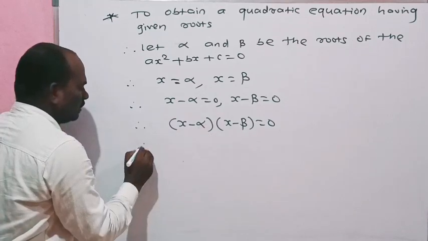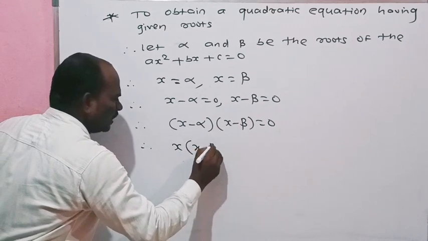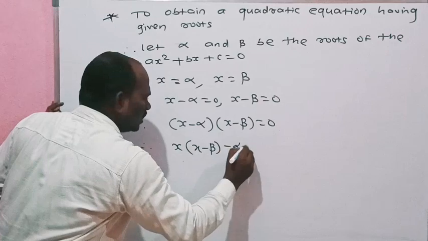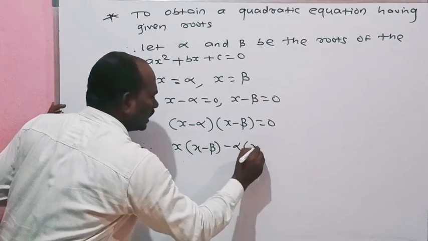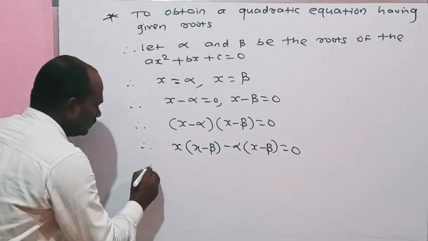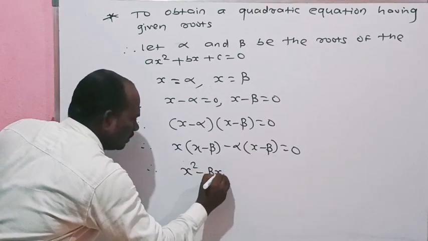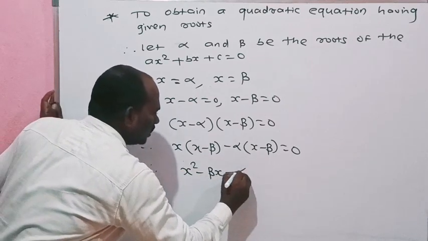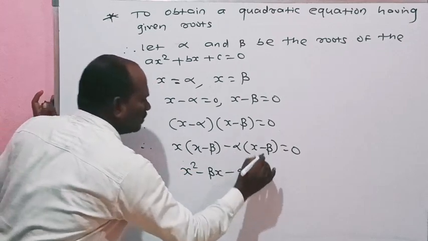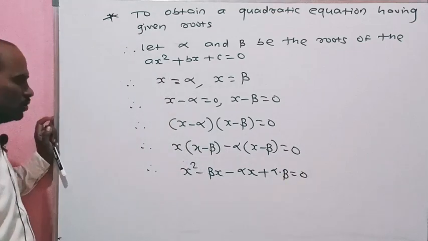Now we can solve this bracket. x into the second bracket, x minus beta, that is minus alpha. Now the second bracket, x minus beta equal to 0. Therefore x square minus beta x, minus alpha x, plus alpha dot beta equal to 0.